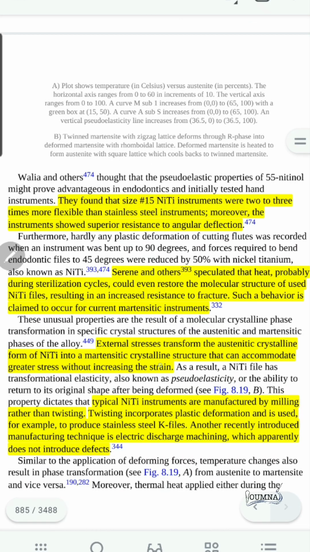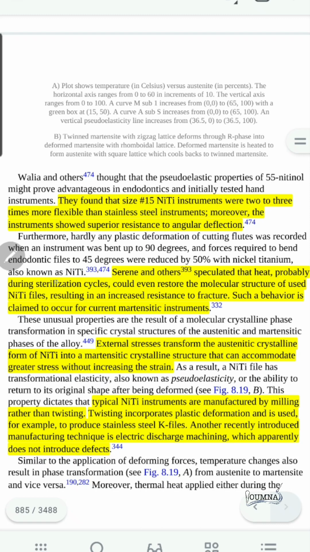So the external stresses transform the austenite crystalline structure into a martensite crystalline structure to accommodate greater stress without increasing the strain, which means the martensite crystal configuration can handle more stress than the austenite.